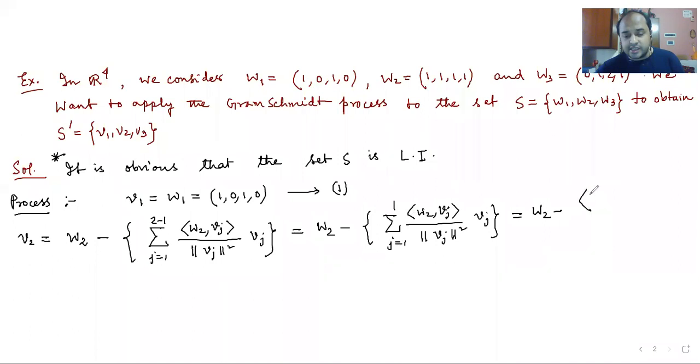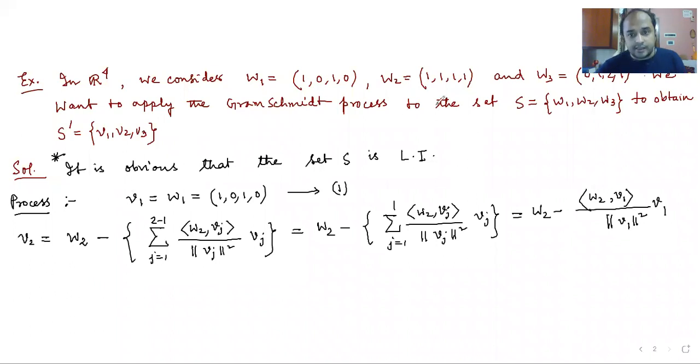So we can write it as inner product of W2, V1 by norm V1 square, and V1. So once this vector is constructed, it helps you to get the new vector. V1 constructed over here is being applied for the construction of V2. So I am going to calculate inner product W2, V1 and norm V1 square below, first of all.